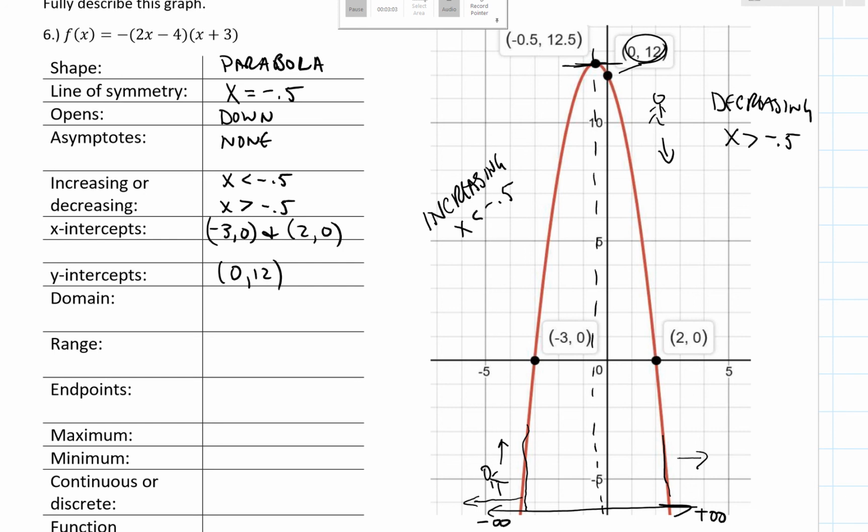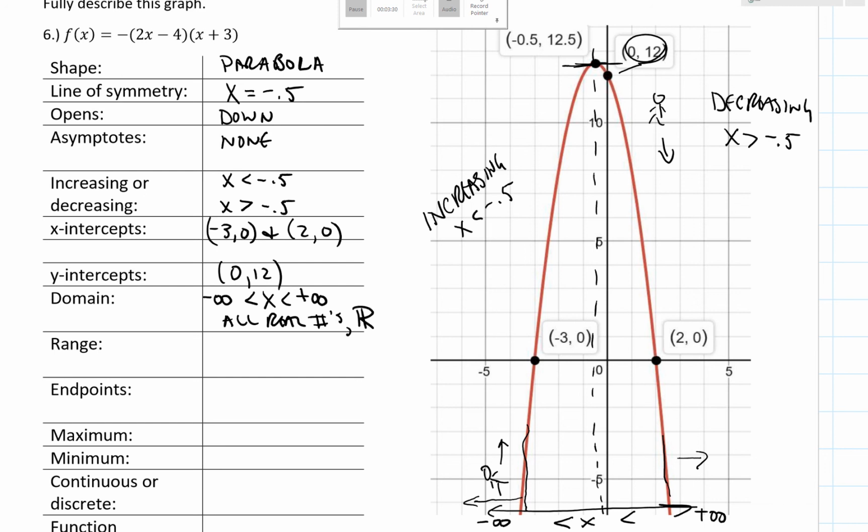So we know that the x value is going to be less than positive infinity and greater than negative infinity. So we write this: less than positive infinity and greater than negative infinity. Now, another way we can name this is all real numbers. Sometimes you see the funky looking R that describes it.